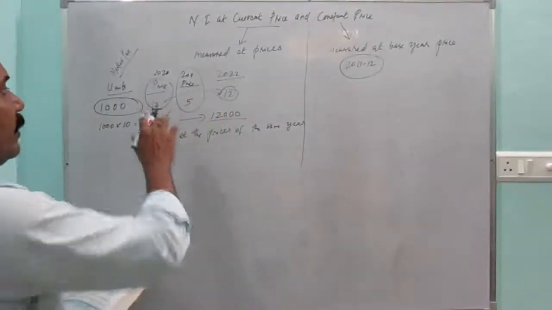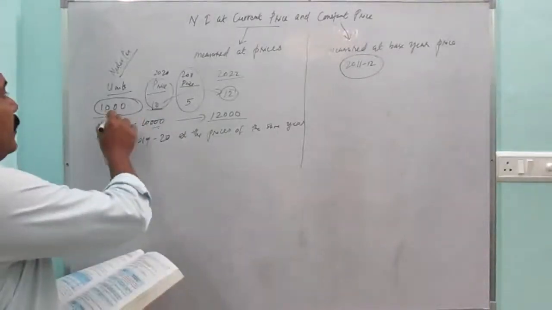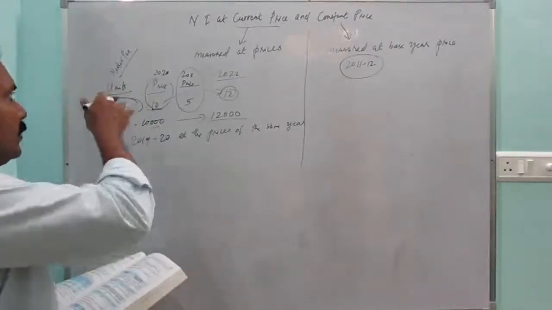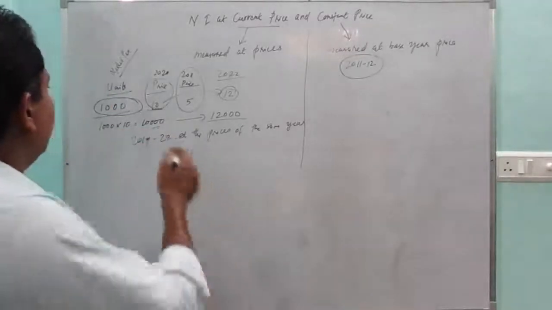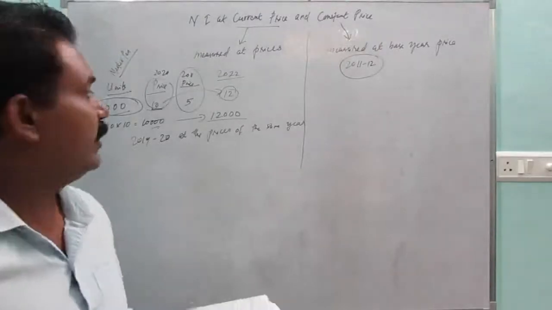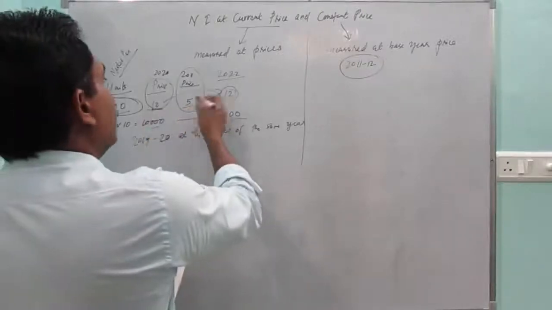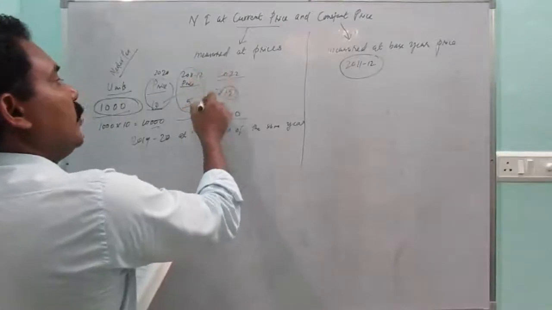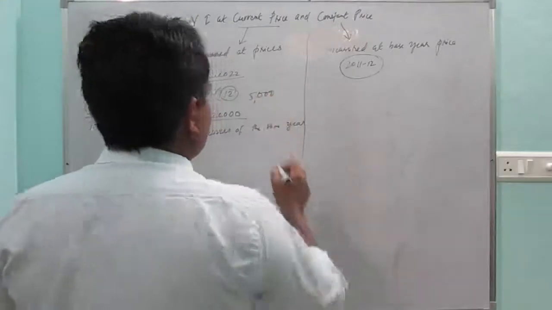In 2020, this year, we are going to measure the value of output of this marker pen produced in that particular company. Imagine the units produced are the same only, and then the price will be the base year price only. The 2011-12 price is this one, so that will be some 5,000 we can consider.